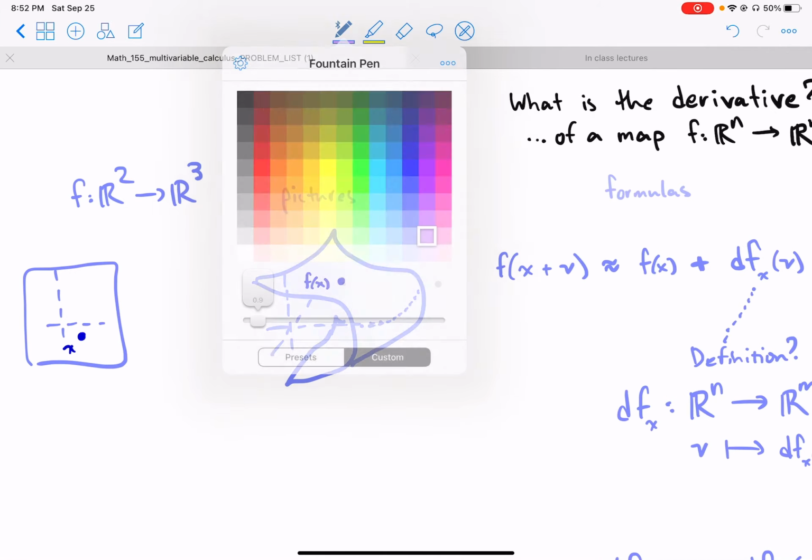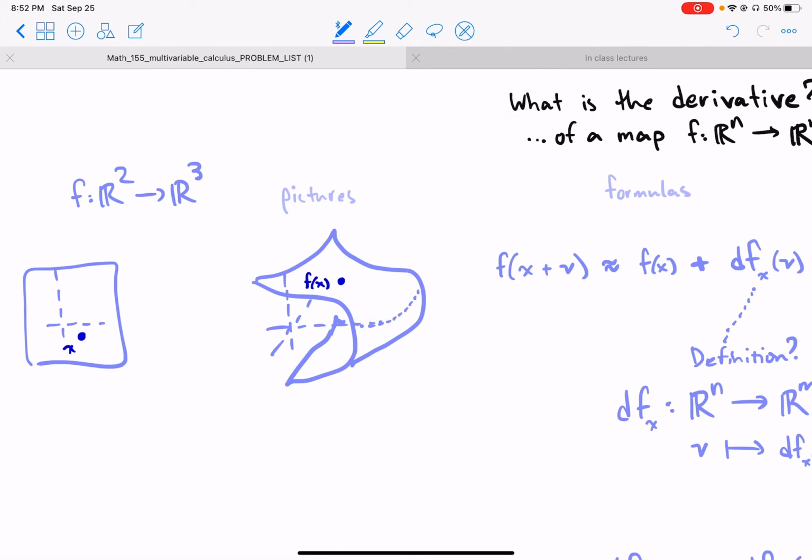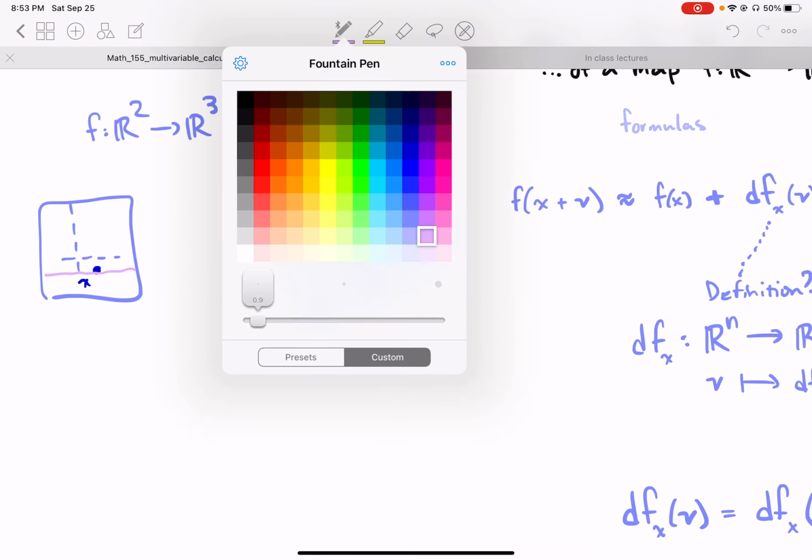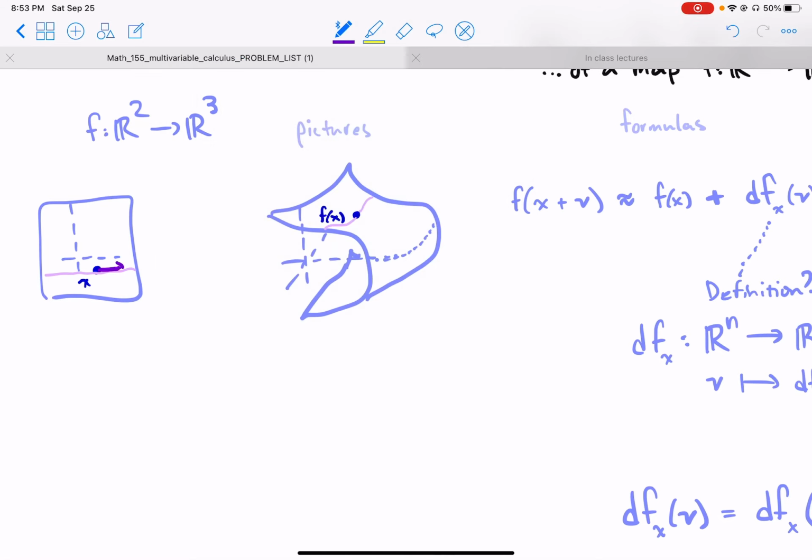Okay, and then what is the derivative? Well, in this case, we can move like this way, and that would turn us into some sort of curve like that on the surface. And what happens is if we move in the direction e1, then we're going to get some velocity vector, and that vector will be df of x at e1.